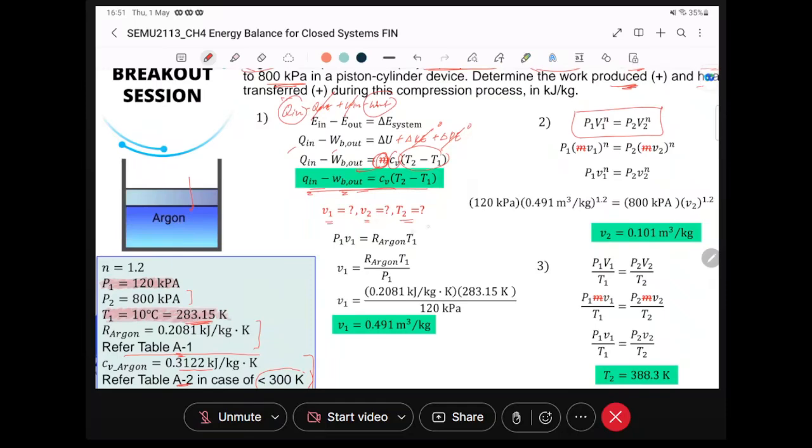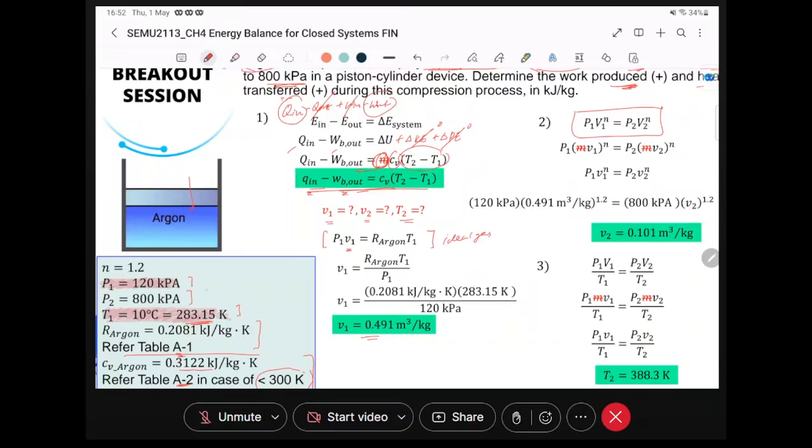For state 1, we have the pressure and the temperature. So we can find out the specific volume of the argon using the ideal gas equation, PV equal to RT, because it's ideal gas again. So we find out the specific volume for the first state.